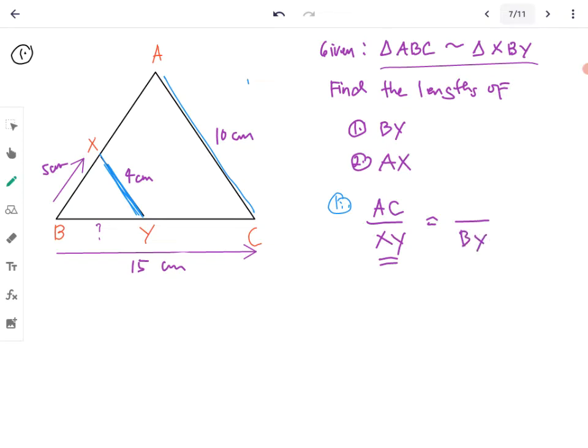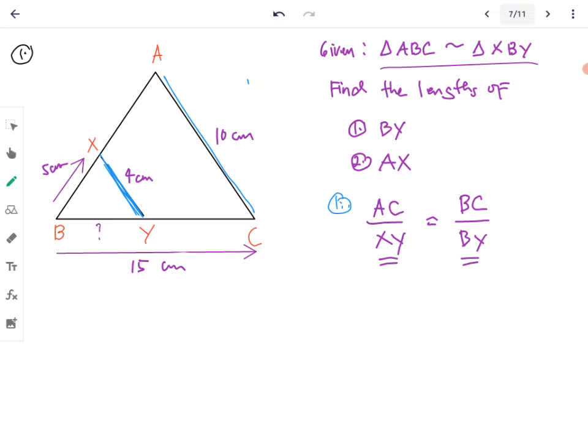The placement of the order of the ratios is very important. The corresponding side to BY is BC from the larger triangle.